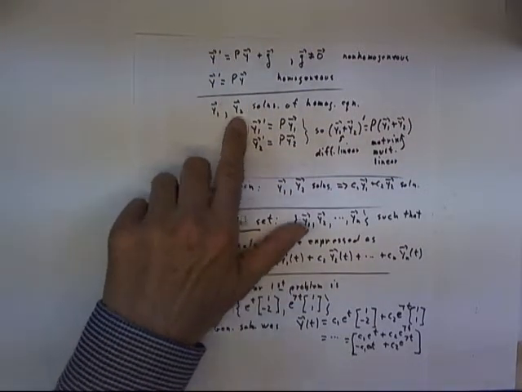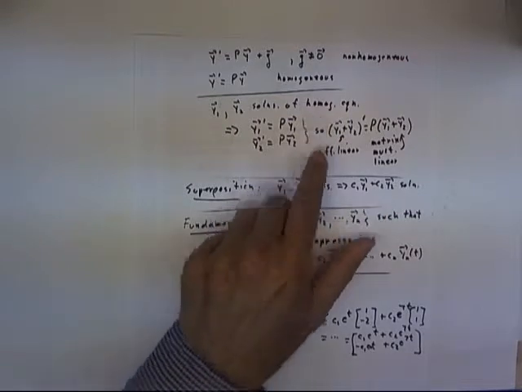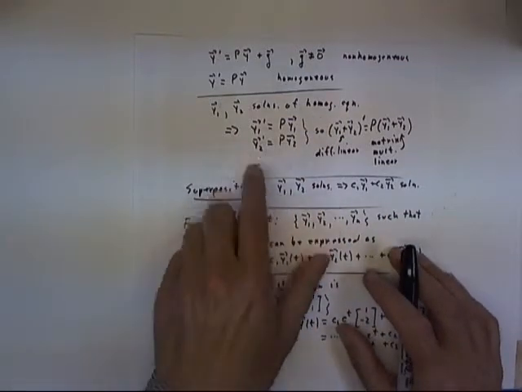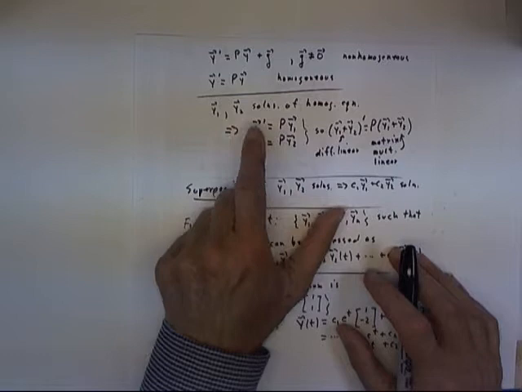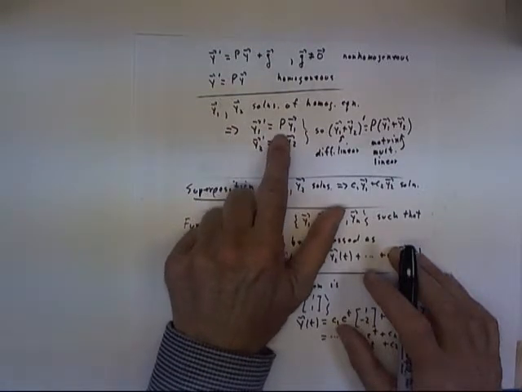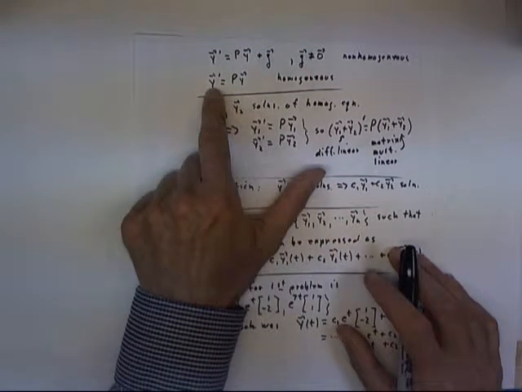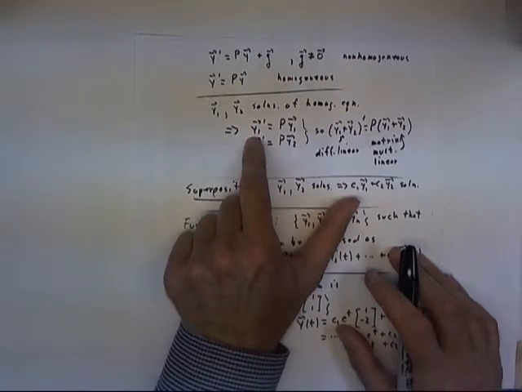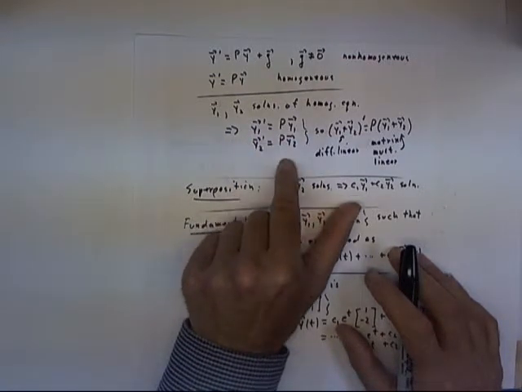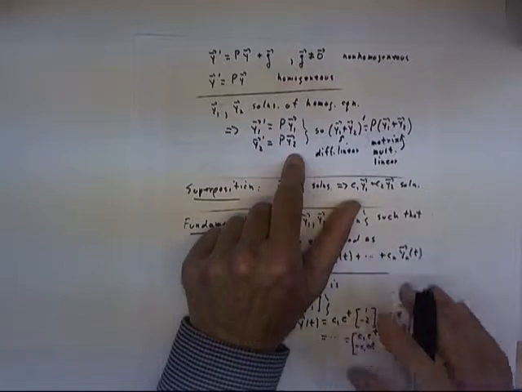Now, if y1 and y2 are solutions of a homogeneous equation, then y1 prime equals Py1 and y2 prime equals Py2.